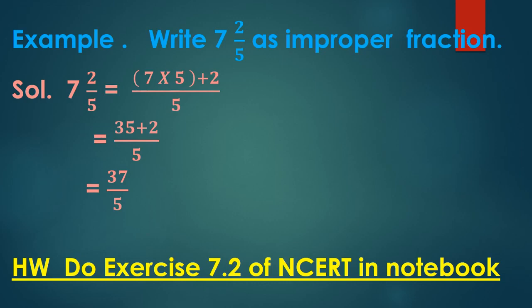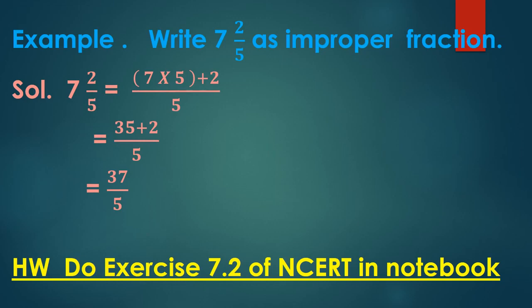Then we have learned the mixed fraction. A mixed fraction is a combination of a natural number and a proper fraction. Then we have learned how to convert an improper fraction into a mixed fraction by dividing it.